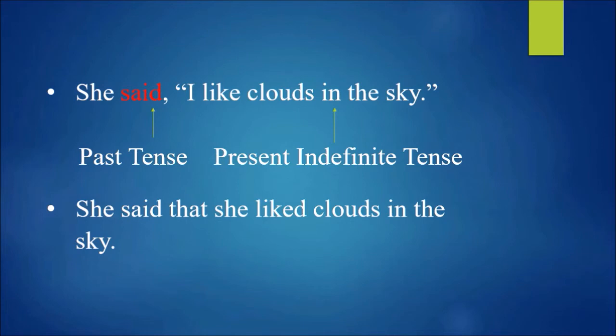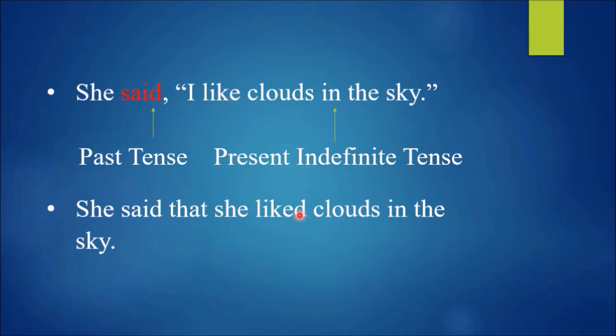See, we removed the inverted commas. There are inverted commas in the direct speech, so we removed them. We use that to join reporting and reported speech. We changed the pronoun I with the subject of the reporting speech, so it becomes she, and we changed the verb of the reported speech into past tense.